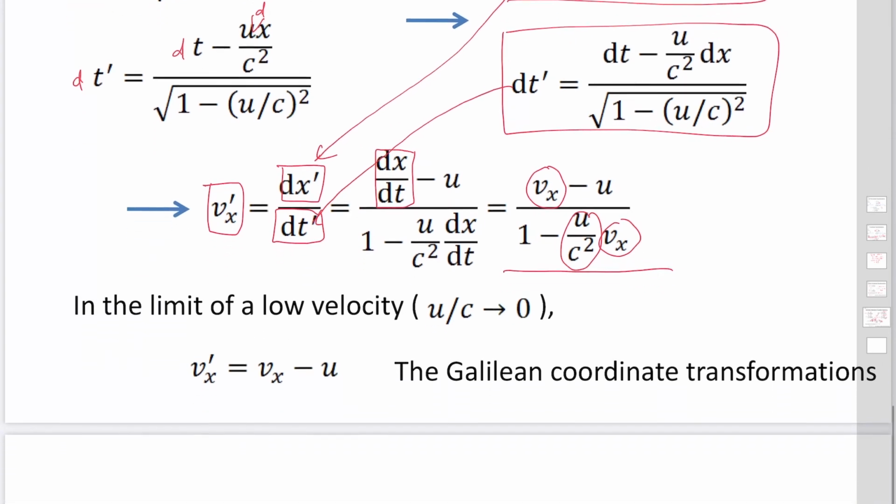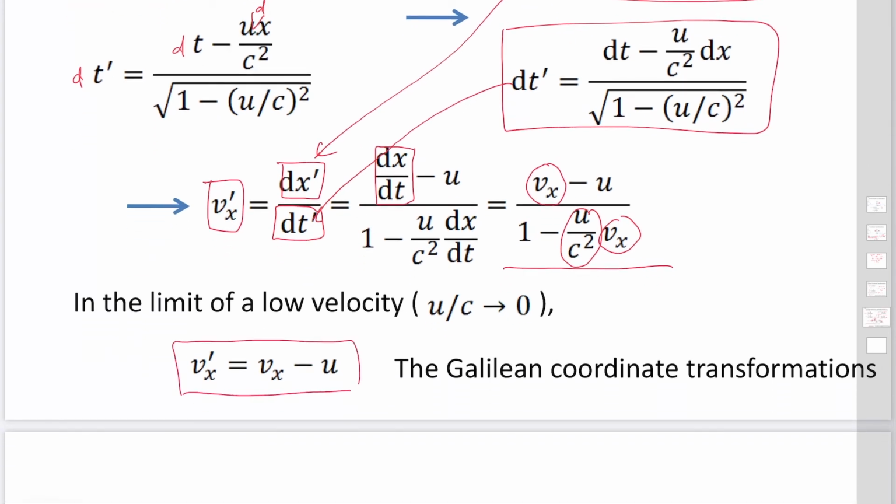We often use this as the definition of relative velocity, but this equation is true only in the case of low velocities. In our daily life, in most cases the speed of particles is much slower than the speed of light, so we can safely use this equation. This equation is exactly the same as the Galilean coordinate transformation. Okay, this is the end of this session.